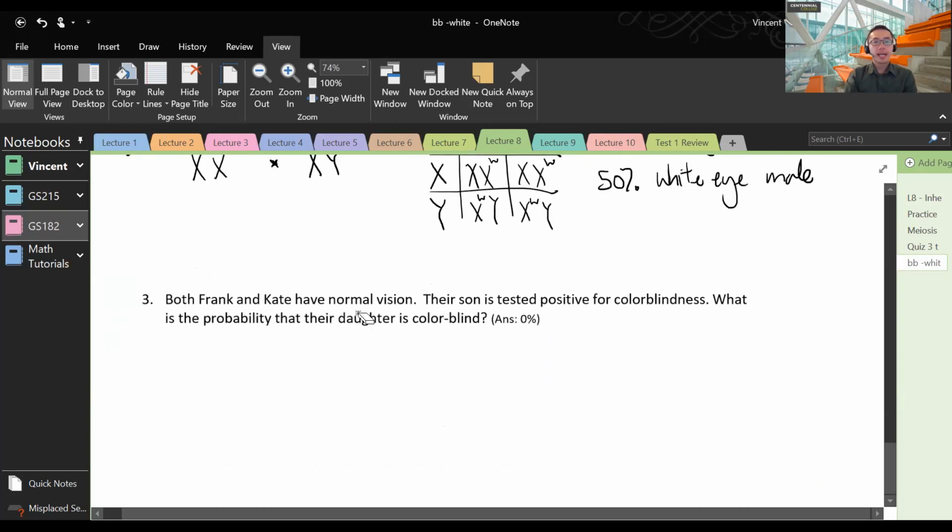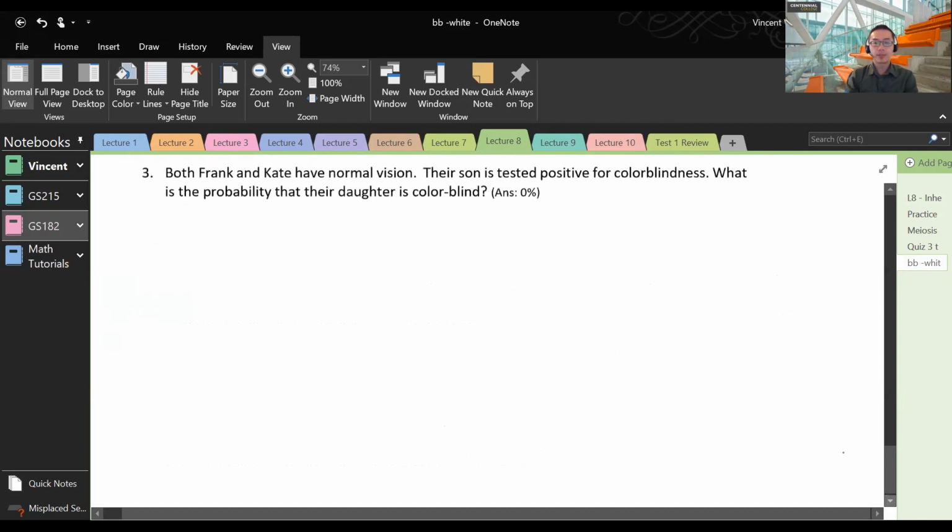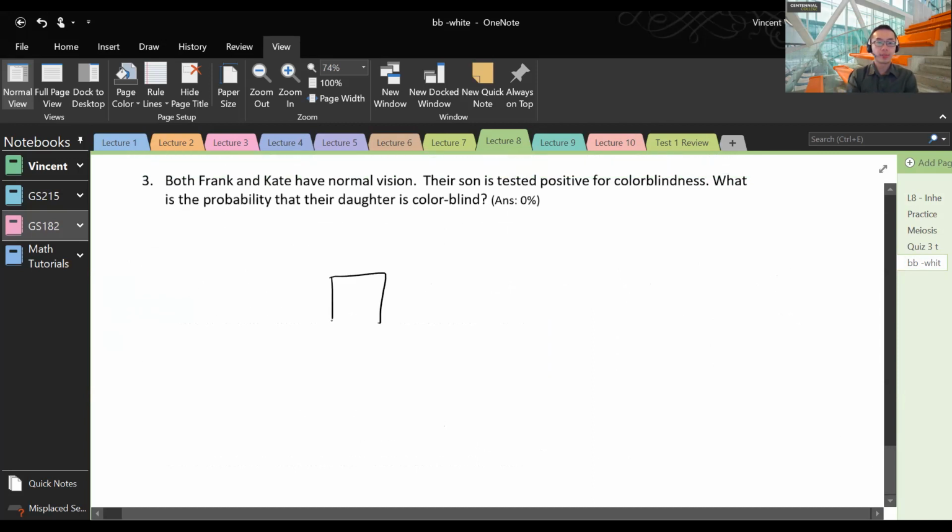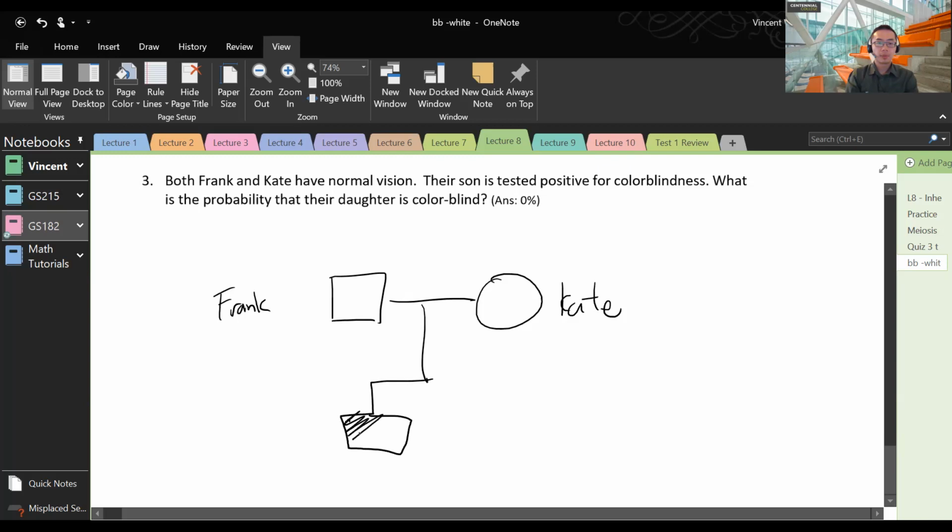So both Frank and Kate have normal vision. Their son is tested positive for color blindness. Okay, so let's do this. There is Frank. This is Kate. Their son is colorblind. Their daughter, we don't know. So the son is colorblind, which means the son is XCY, right?